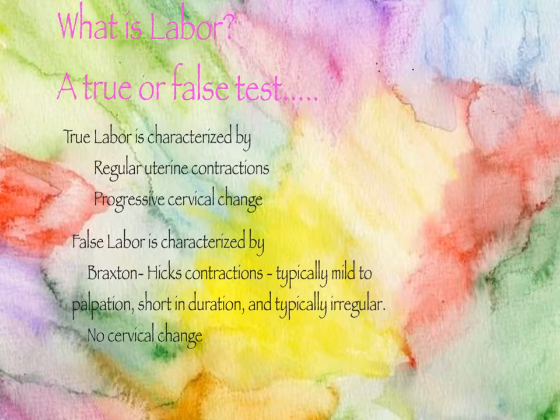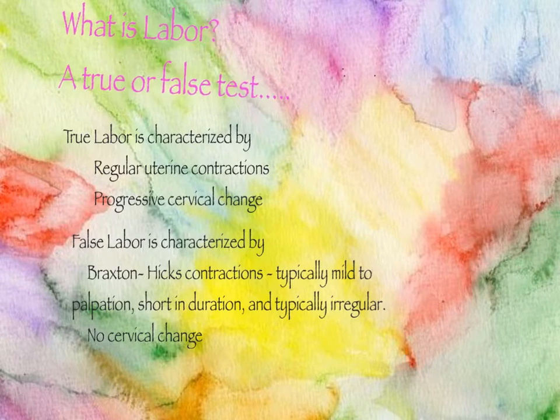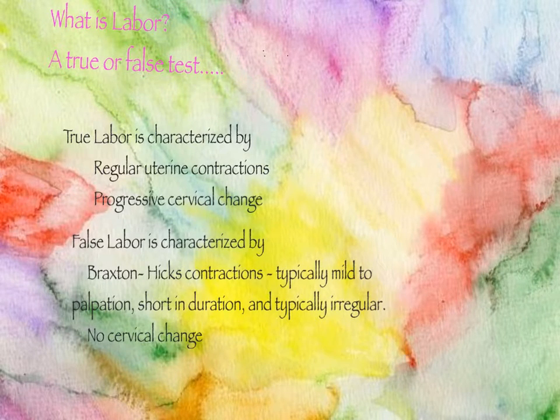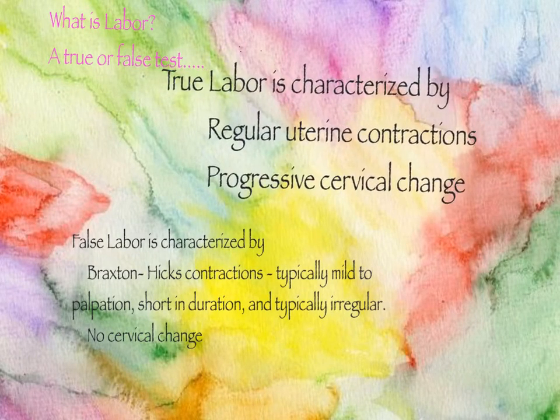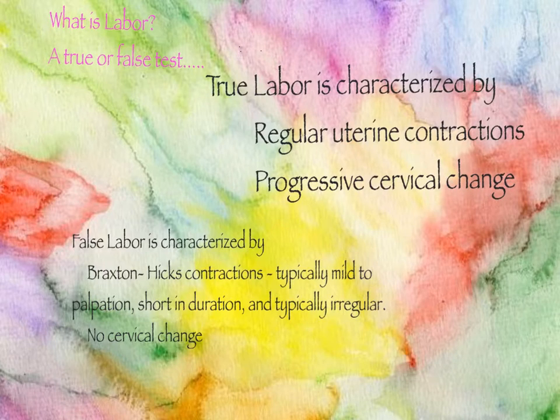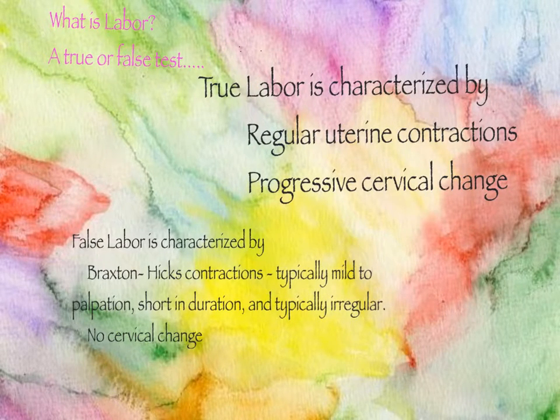So when we're discussing intrapartum nursing and the labor process, it's helpful to know what labor is. And we can take a look at it by comparing true labor from false labor. The real hallmark of true labor is that you get cervical change at the end. Labor is the process of opening the cervix and the descent of the fetus, the presenting part of the fetus, until the birth of the baby is accomplished.